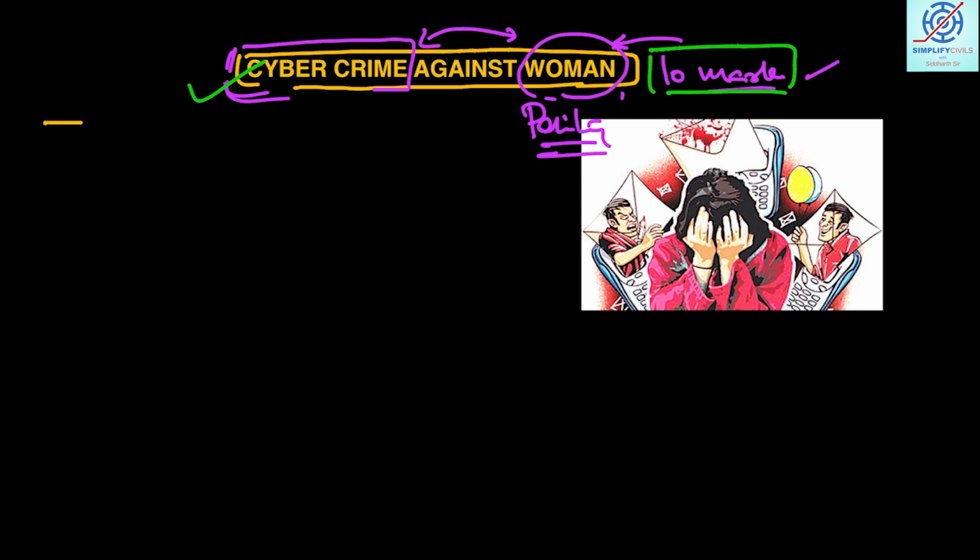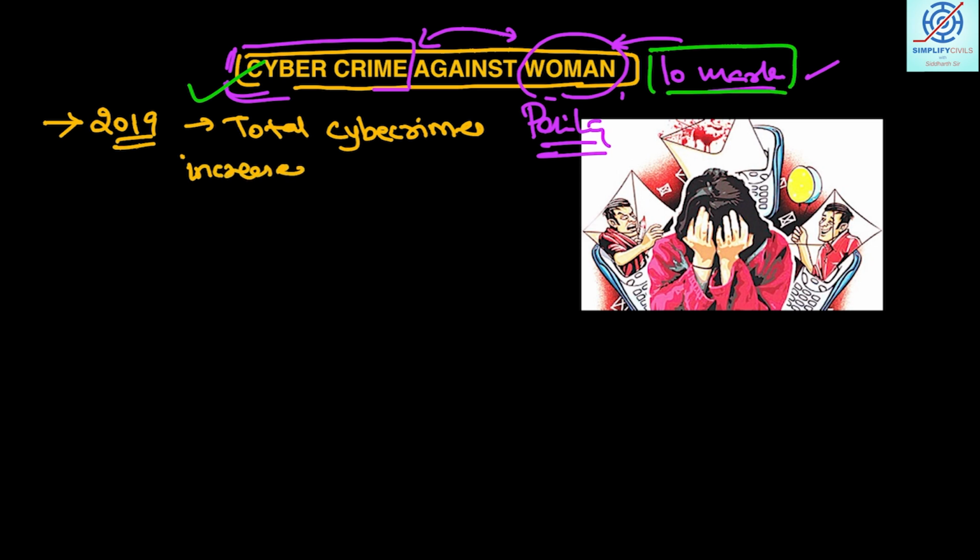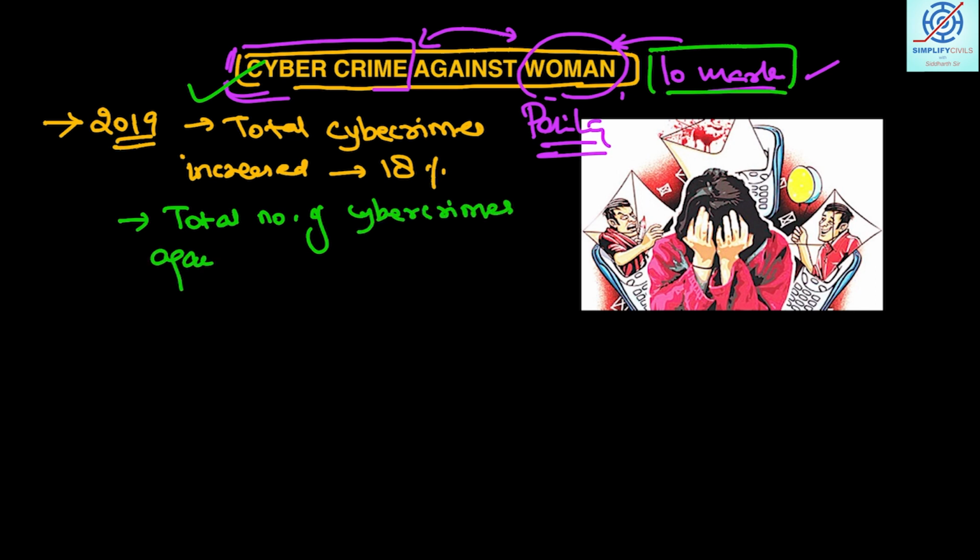And I will give you some data, 2019 data, where it is being said that total cyber crimes have increased by 18% over the past, but the total number of cyber crimes against women has gone up by 28%.